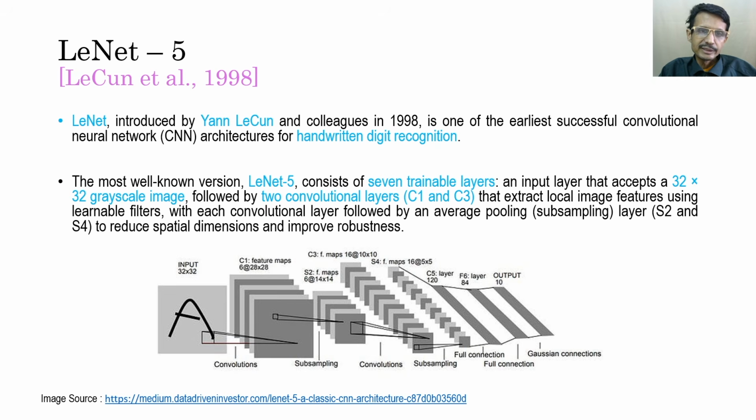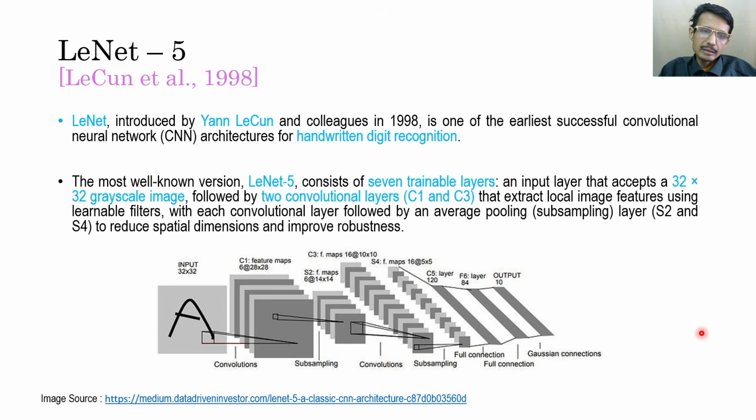We start with LeNet. LeNet was introduced long back, in 1998, by LeCun and colleagues. It is one of the earliest successful convolutional neural networks, basically made for handwritten digit recognition.